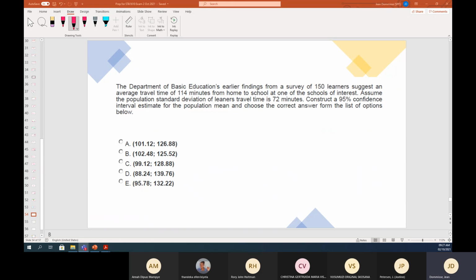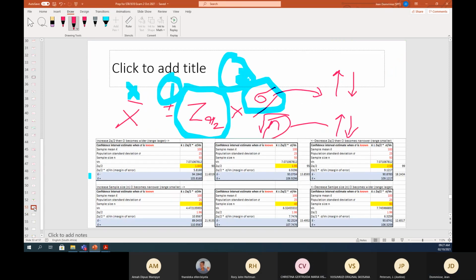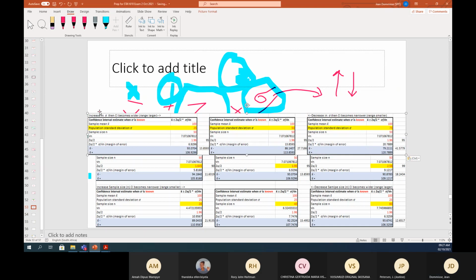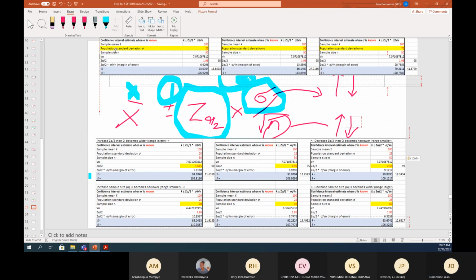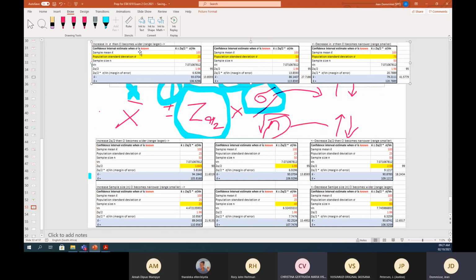So let's quickly copy that in and see. This is a bit of a plug and play. I wanted to see what happens, and based on that, it looks like your range will go from, if you have a big standard deviation, a wider range, like 41, and then it will become smaller the smaller your standard deviation is.